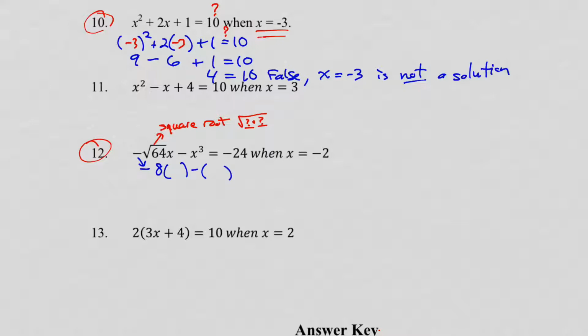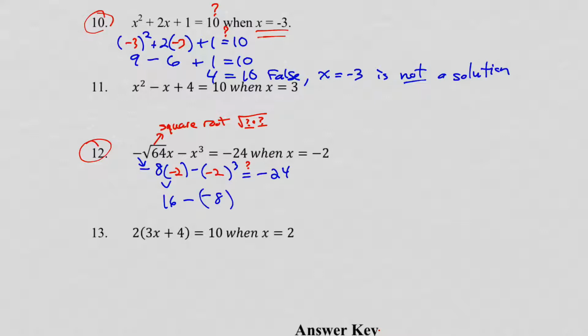Insert our -2 to see if we get 24. Okay. And so we have positive 16 right here. And then we have minus -2 to the third power is going to be a -8.